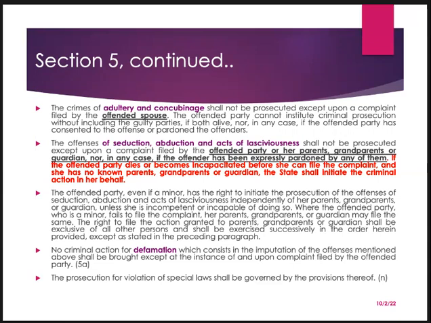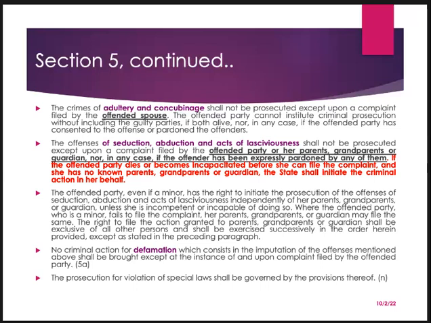The offended party cannot institute criminal prosecution without including the guilty parties, if both are alive, nor in any case if the offended party has consented to the offense or pardoned the offenders.